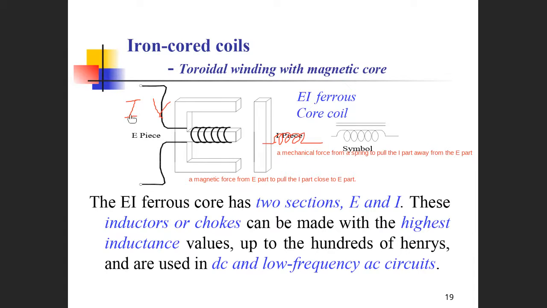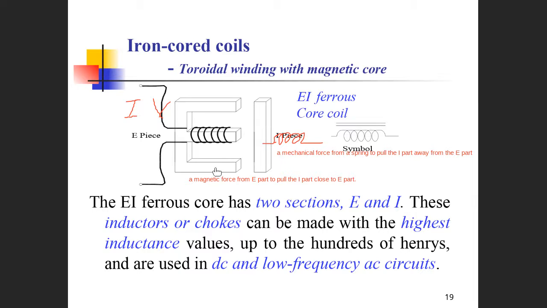So we can use this to form a switch. When the current is too big, we can make the I part and E part close together.